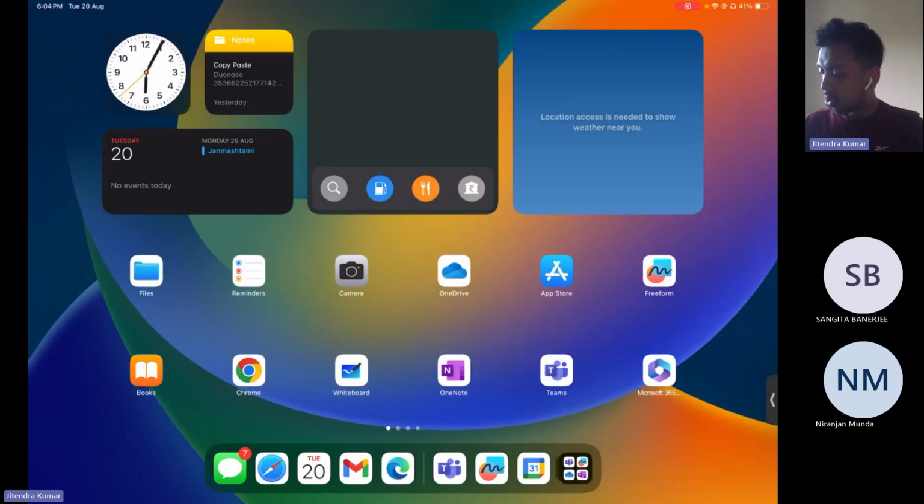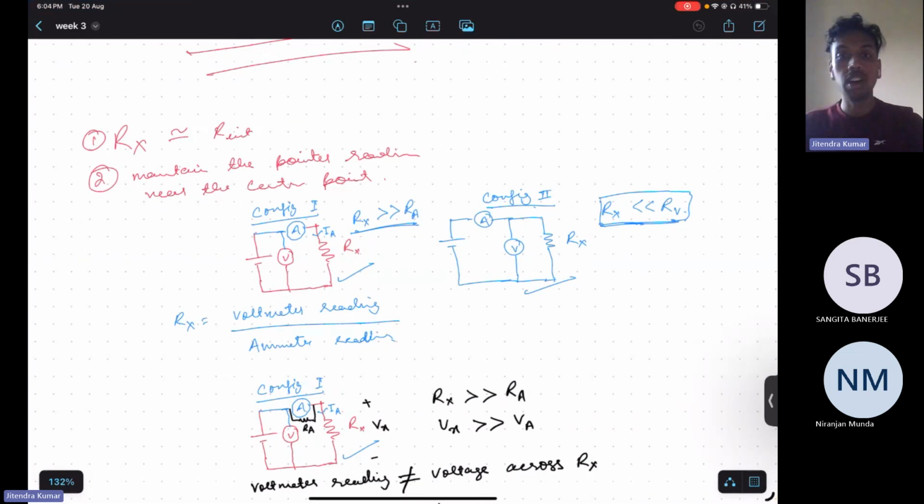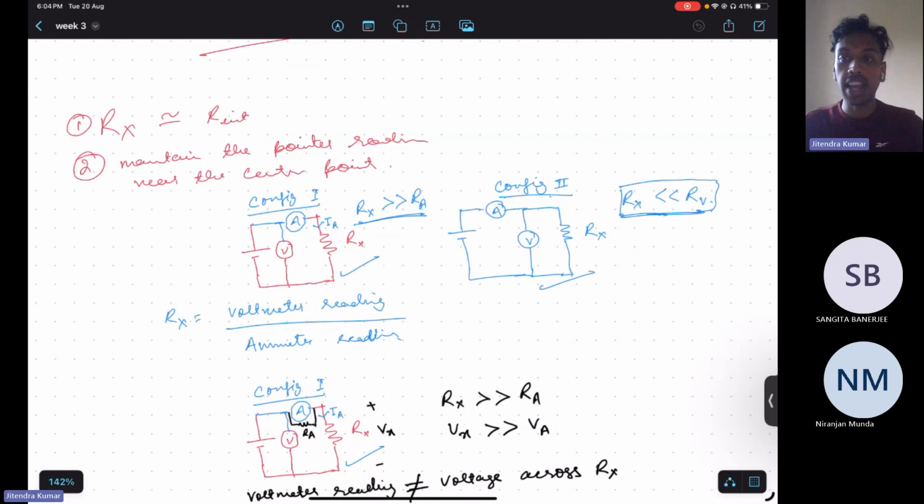So let us start. In the last lecture, we discussed the connection of voltmeter and ammeter. In what way should we connect them so that we can get minimum error? We saw two cases: ammeter before voltmeter or ammeter after voltmeter. The first configuration was ammeter after voltmeter.